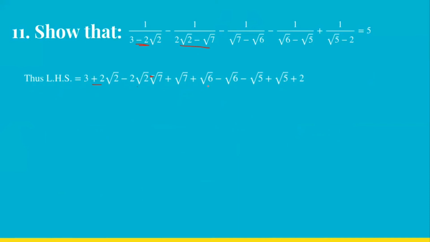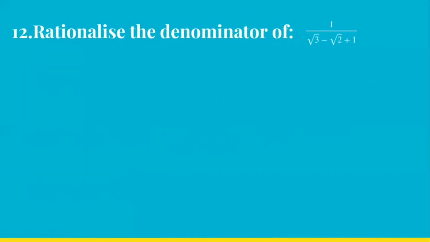Now 2 root 2 minus 2 root 2 got cancelled. Minus root 7 plus root 7 got cancelled. Root 6 minus root 6 got cancelled. Minus root 5 plus root 5 got cancelled. And we are left with only 3 plus 2, and 3 plus 2 is 5, which is our RHS. And that is how we have proved this. Got it? We move on to the next question.